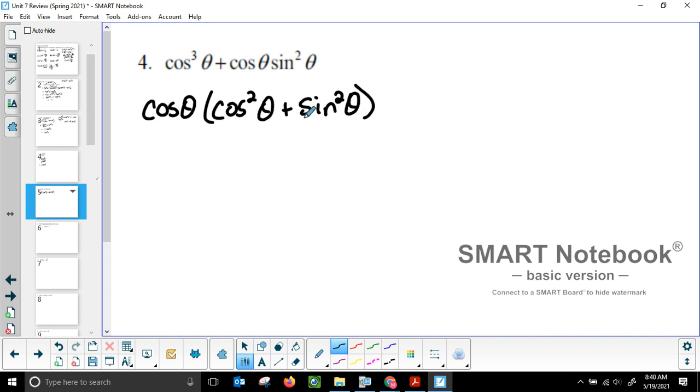Well, addition is commutative, which means order does not matter. So cosine squared theta plus sine squared theta is the same thing as sine squared theta plus cosine squared theta. What does that equal? I think somebody said it. 1. All right, so this is cosine of theta times 1, which is obviously just cosine of theta.